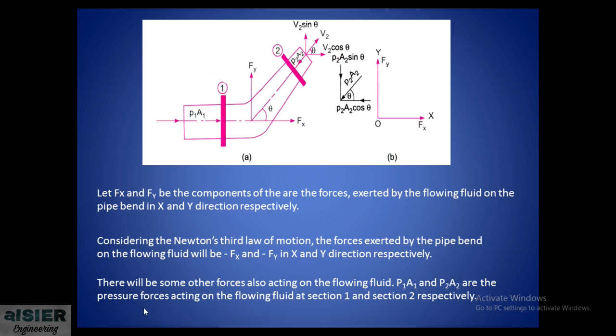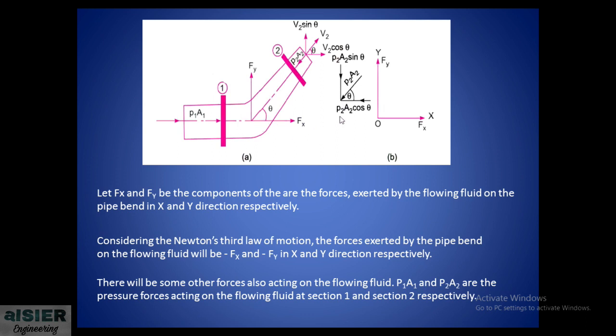There will be some other forces also acting on the flowing fluid, like the pressure force acting at section 1, which is P1 A1, and the second pressure force at section 2, that is P2 A2. This pressure force at section 2 is inclined, and we need to resolve it into its two components with respect to the angle of inclination theta.